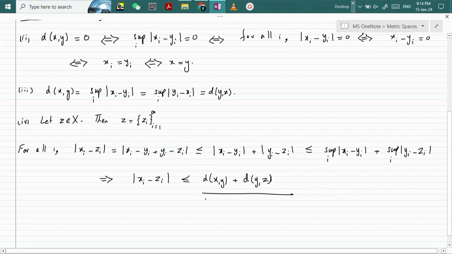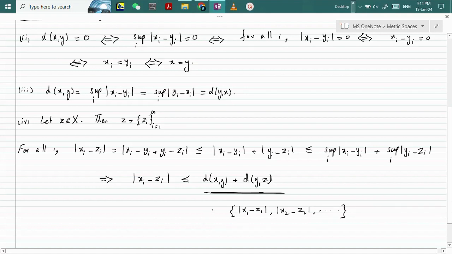This is an upper bound of this set, meaning for all i this is less than or equal to this number. It means that this expression is an upper bound of the set mod of x1 minus z1, mod of x2 minus z2, and so on.